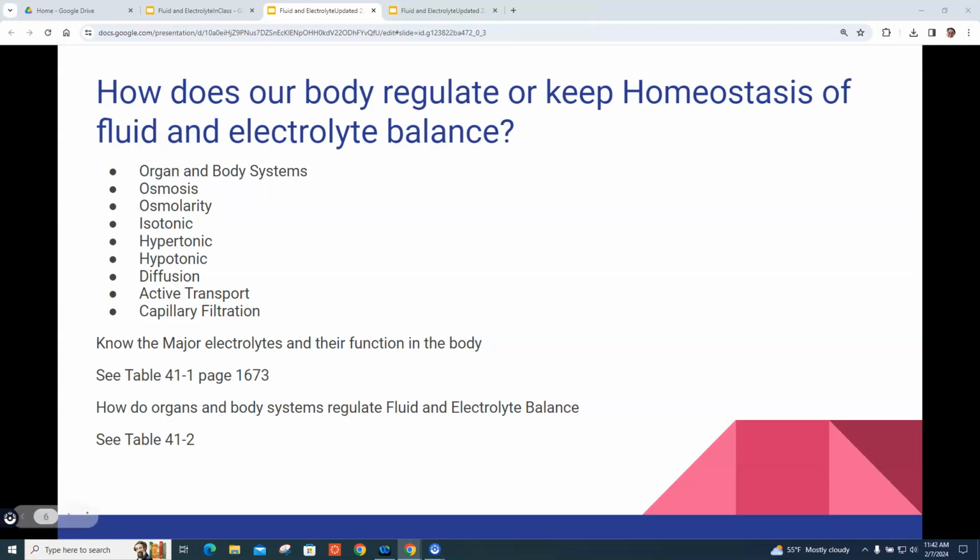And the body processes are as follows. So osmosis is when water, or the solvent, passes from an area of lesser solute concentration, and thus more water, to an area of greater solute concentration, and less water, until equilibrium is established. Osmolarity is the concentration of particles dissolved in a solution.